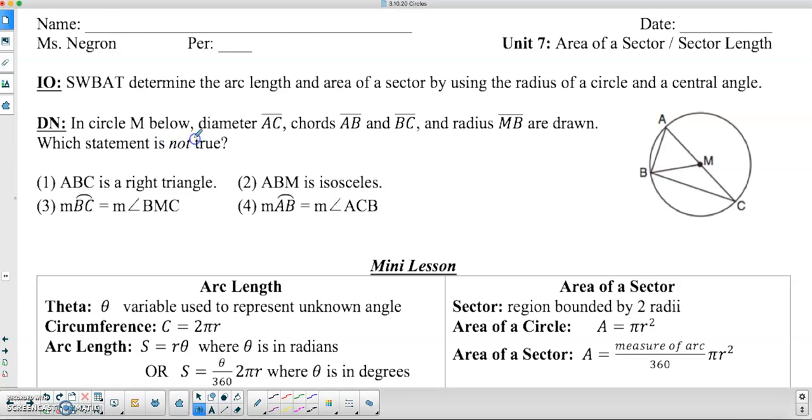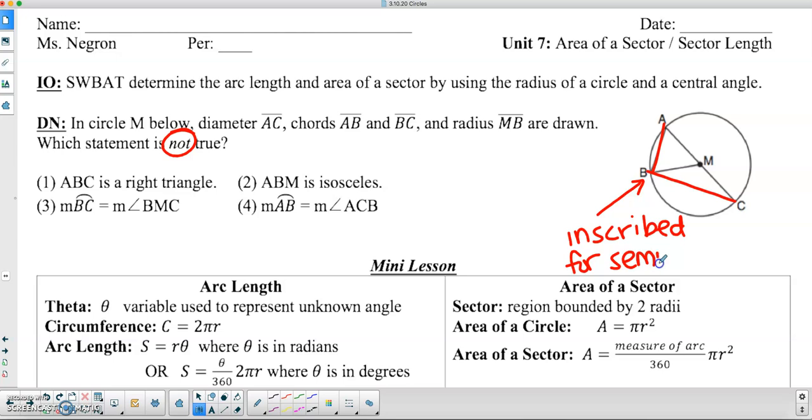So because we're looking for which statement is not true, we want to go through each answer choice to figure out which one is true to get to our answer. So choice number 1 states that ABC is a right triangle. Well, if you look at your diagram, angle ABC is inscribed for a semicircle.